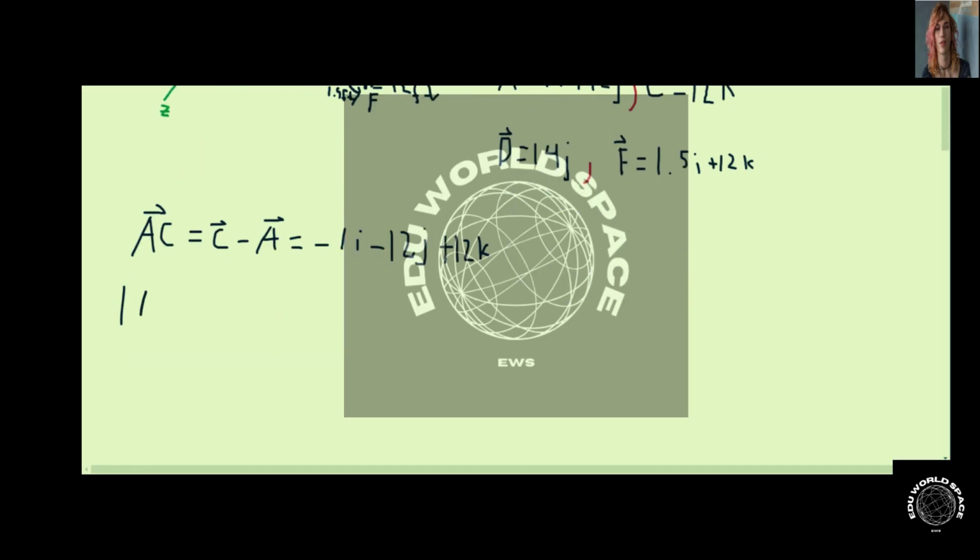And we're also going to find its magnitude, which will be negative 1 squared plus negative 12 squared plus 12 squared, all under the square root, which will give us a value of 17 feet.